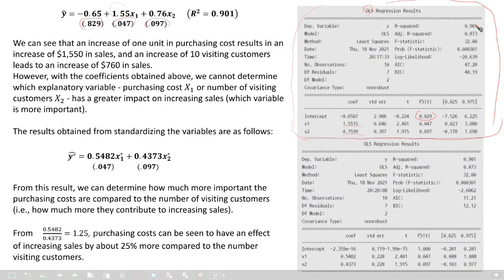R square is 0.901. You can see that an increase of 1 unit of purchasing cost x1, meaning a 100 increase in purchasing cost, results in an increase of 1,550 in sales, since the unit is 1,000.